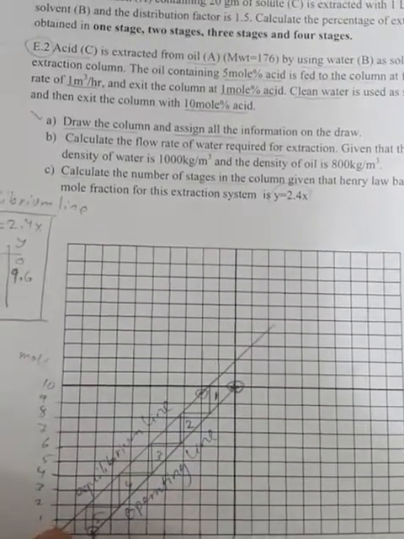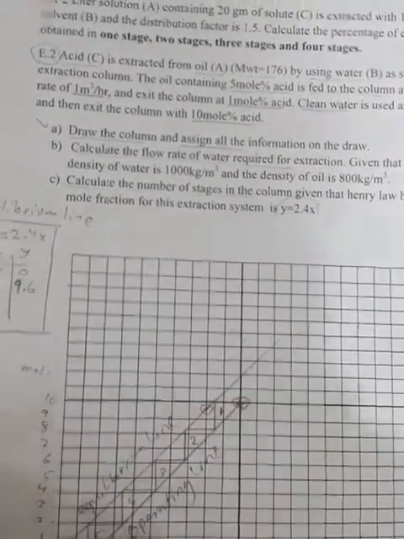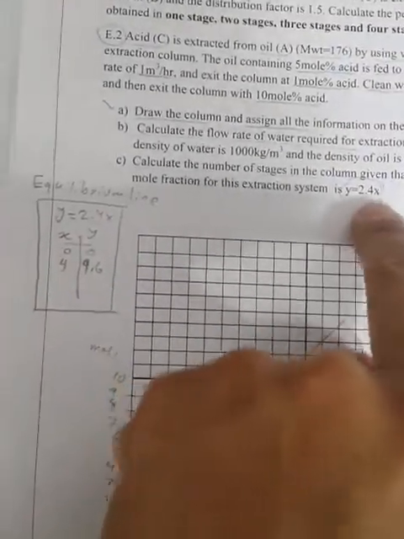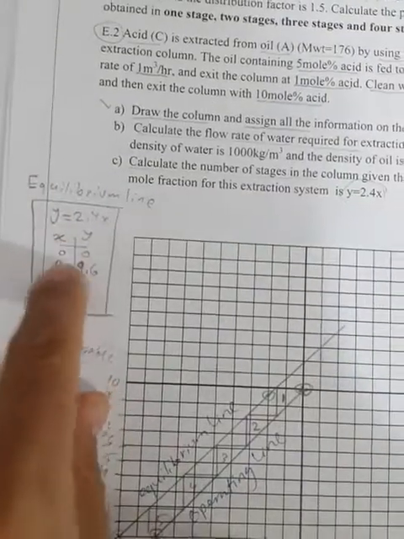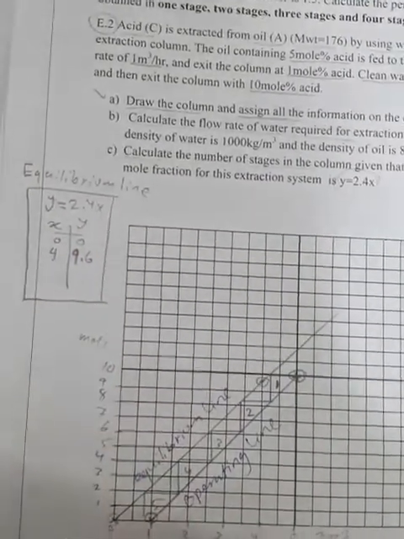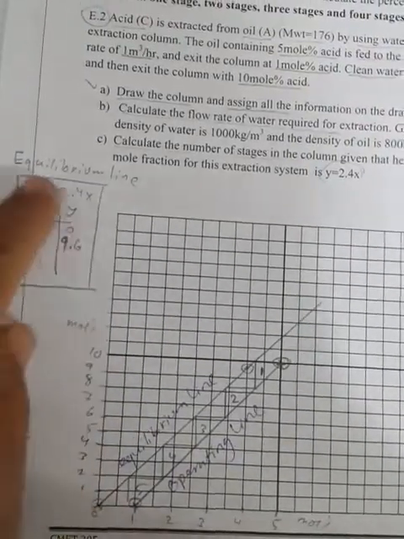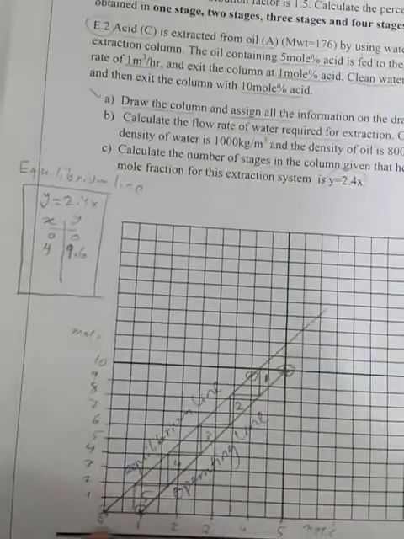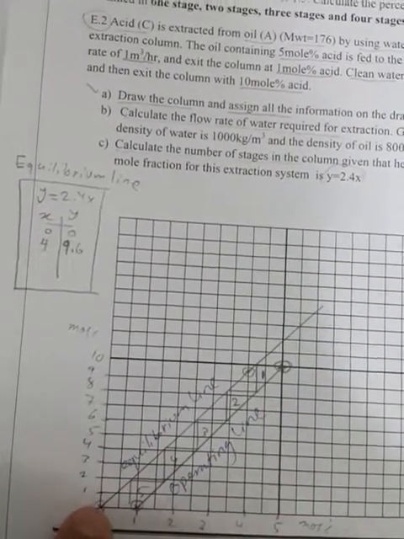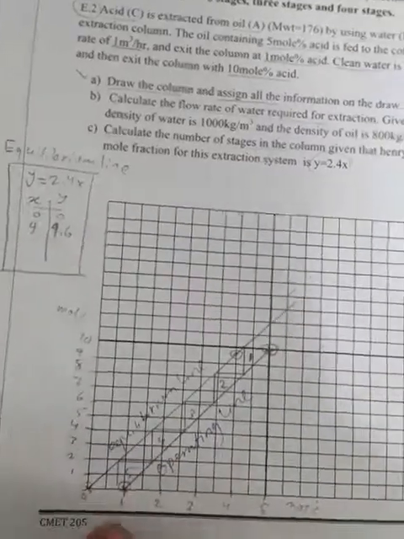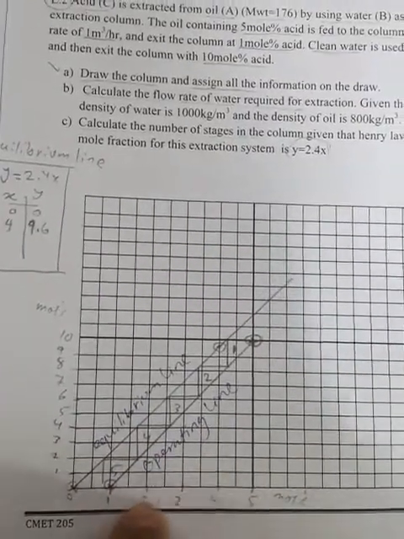In order to draw the equilibrium line, the task is easy, so we can recall our Henry's law, and we can assume two values. The easiest value to assume is x equals 0. If we apply it in the equation, we get y equals 0. So our first point is 0, 0 as usual. Our second point, we can assume any of the values on the x-axis.